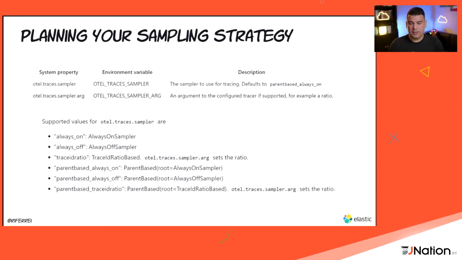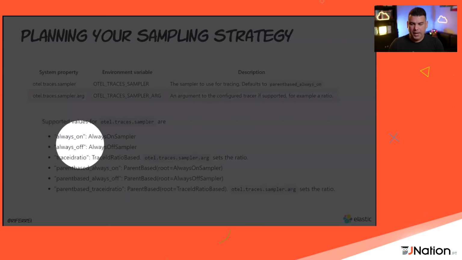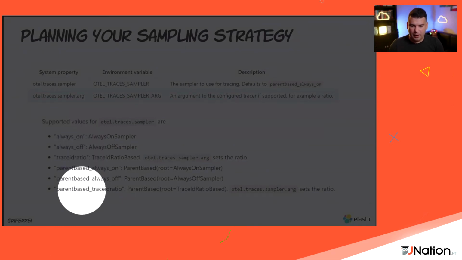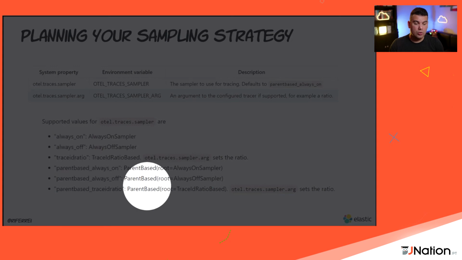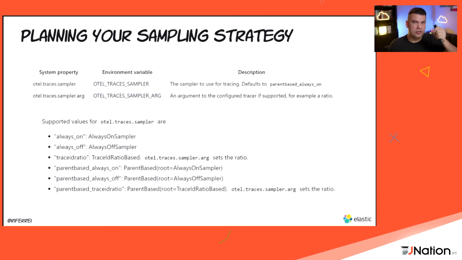Or you can simply create a parent-based trace ratio where you can tune the ratio of the samples that are going to be created, right? This is something, in my experience, that you often discover the worst way.